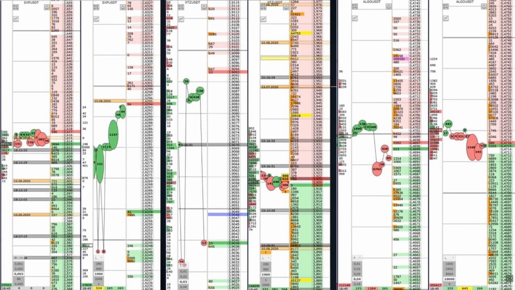Also, we have a video on our channel with information on how to download CScalp, how to connect it to Binance futures and FTX futures, and there we'll also see the bot, how it works, and how to understand which instruments are the most volatile at the moment.